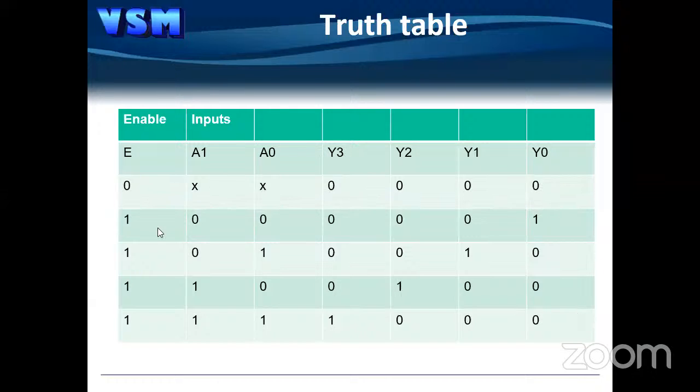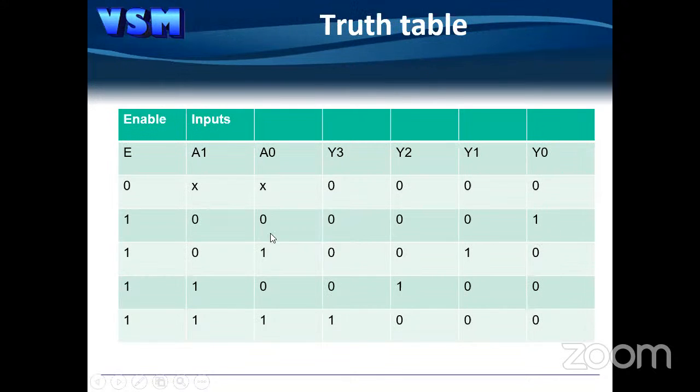Here, if the enable pin is 0, we don't get any output. Y3, Y1, all are 0. When the enable pin is high, then only our logic will work. Here when A0 and A1 both are 0, only Y0 output will be activated.